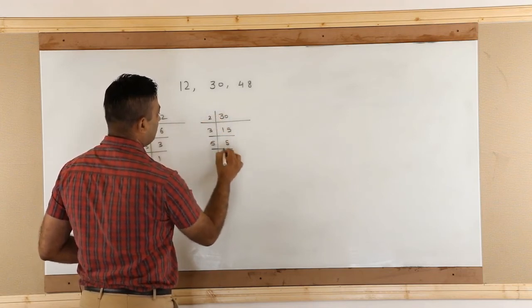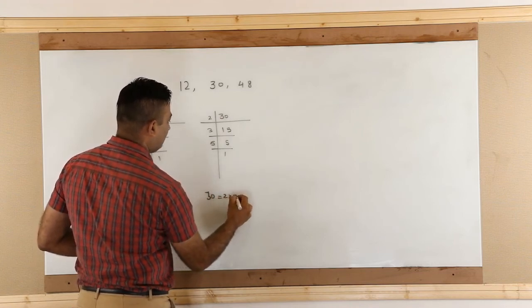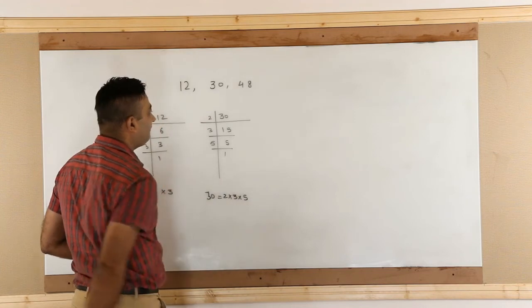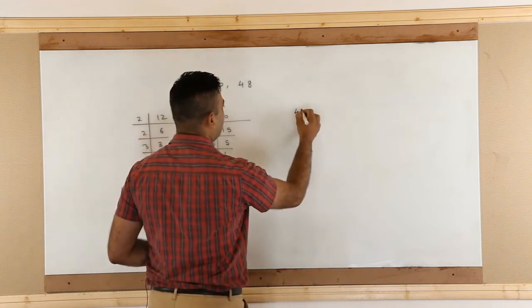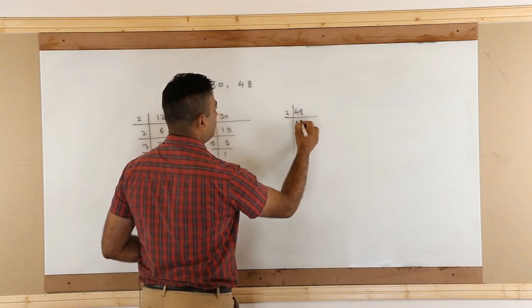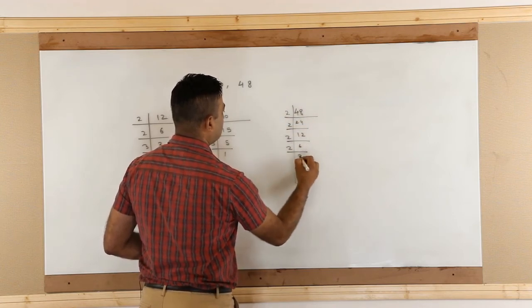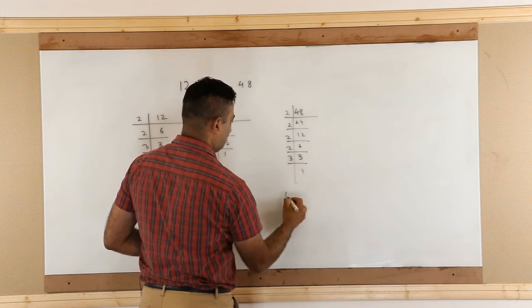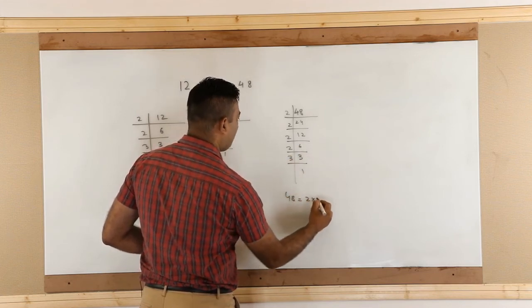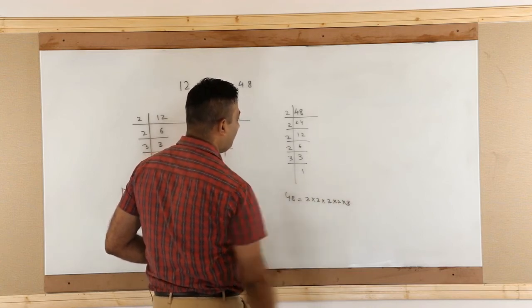is 2 multiply by 3 multiply by 5, and the prime factorization of 48 is 2 multiply by 2 multiply by 2 multiply by 2 and multiply by 3.